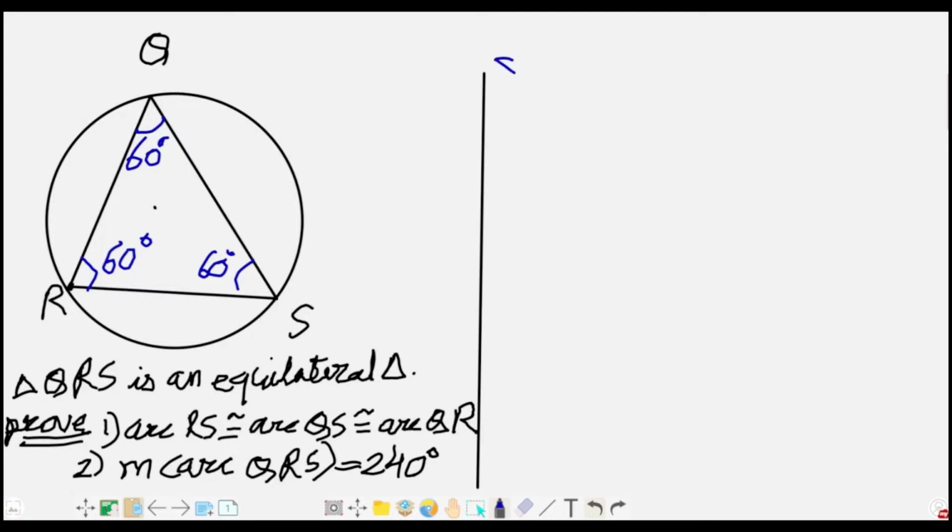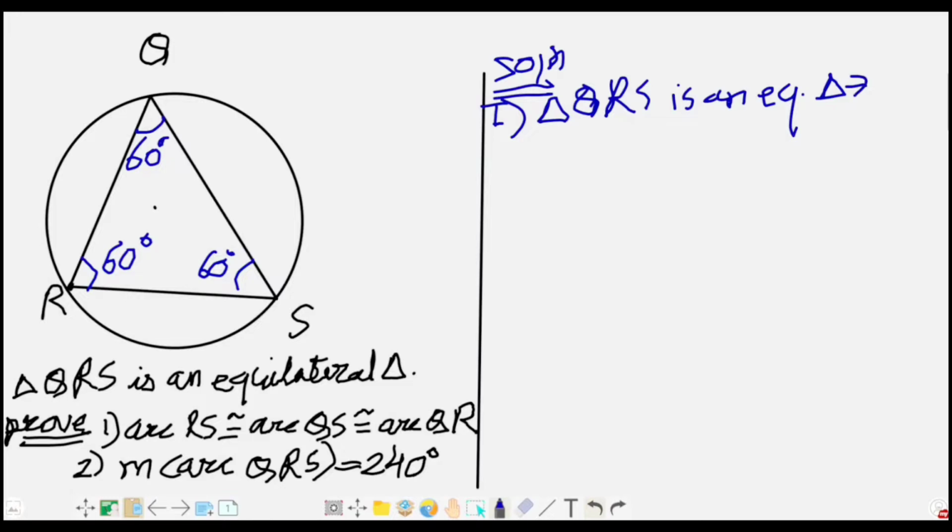So first of all, we will write that triangle QRS is an equilateral triangle. That's given, students.